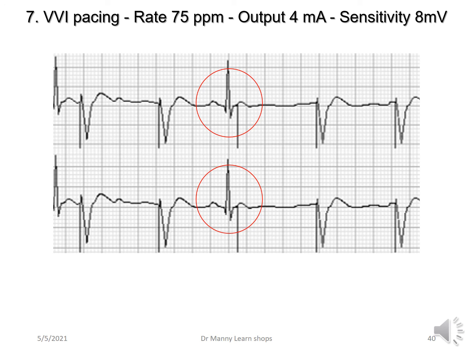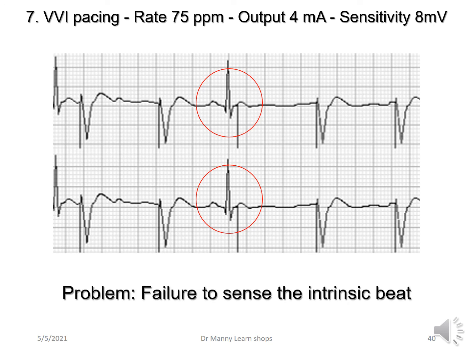So therefore, is there a problem? Yeah, there is a problem, and the problem is failure to sense the intrinsic beat, which could result in R on T phenomenon if it hits the relative refractory period, which could result in ventricular fibrillation. So you probably need to review your sensing threshold and make sensitivity higher by decreasing the numeric value to less than 8.